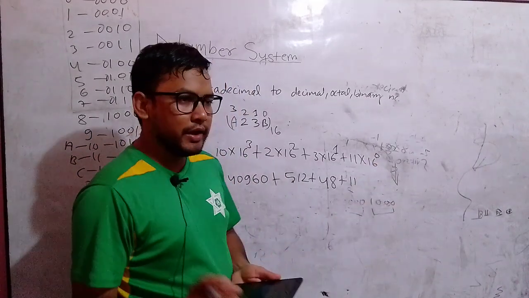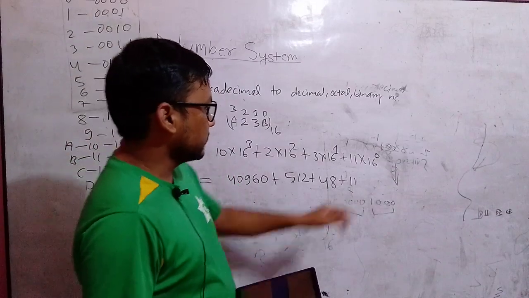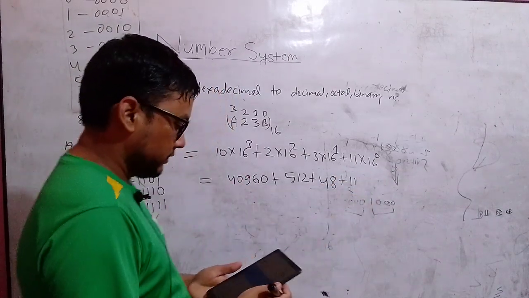The power 0 of any number gives 1. That means 11 into 1 is 11.